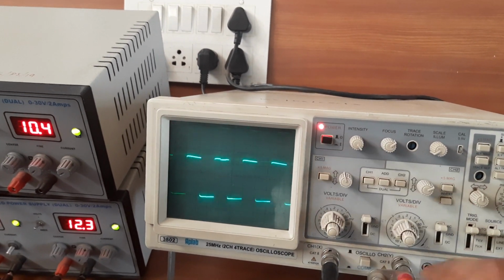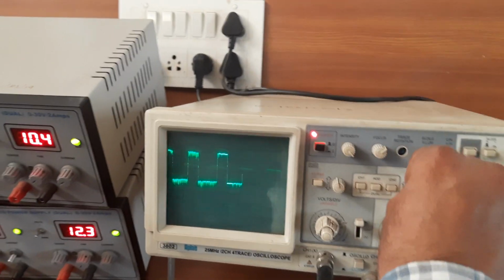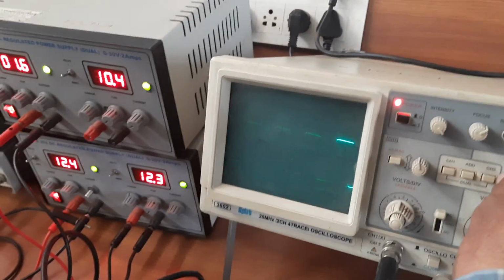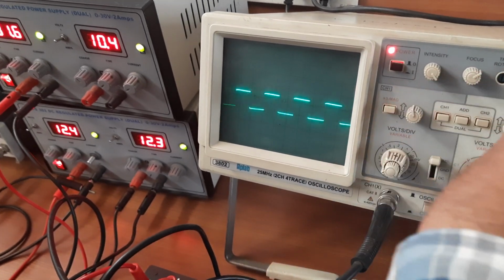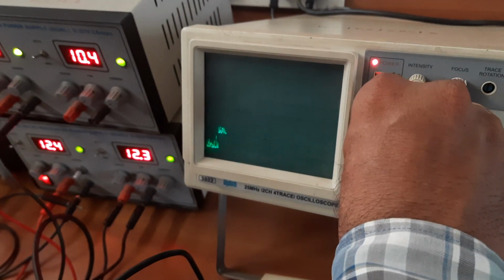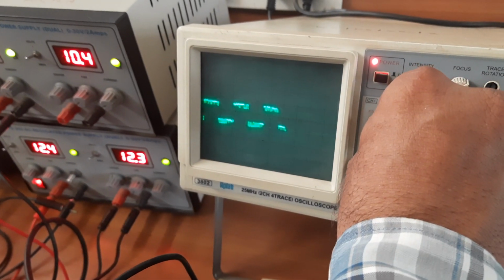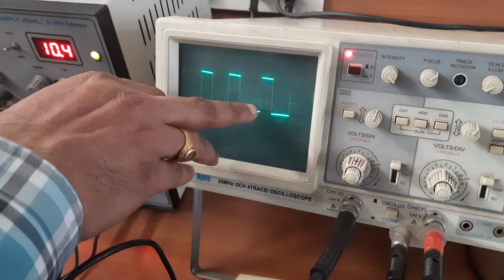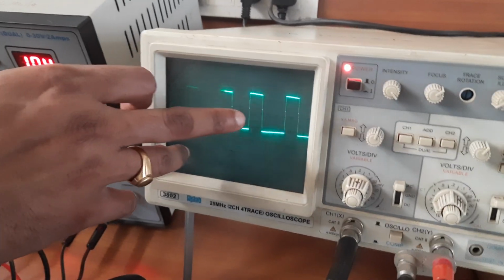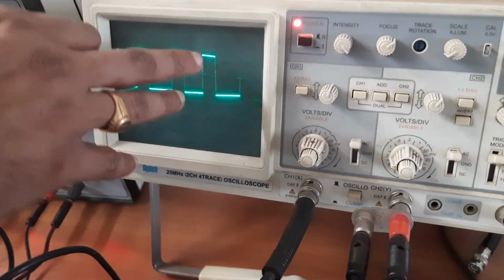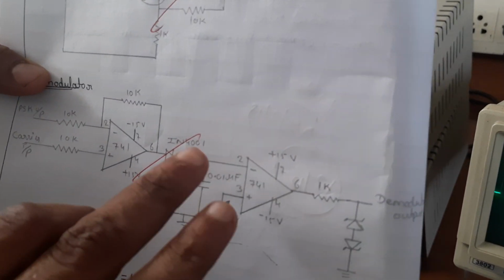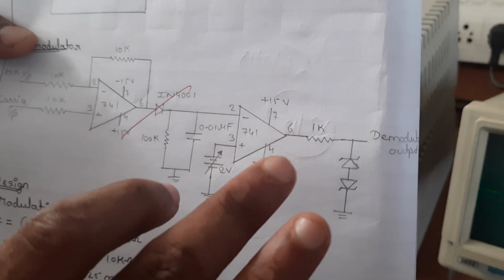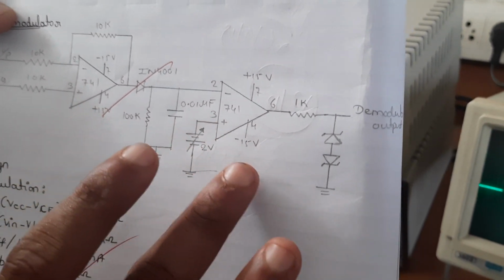This is your modulating signal, this is your demodulated signal, and this is your original data signal. See here, this is your demodulated signal, and both are in phase. Both the modulated and demodulated signals are the same, but the amplitude of the demodulated signal is high because the op amp is operated with no feedback path.